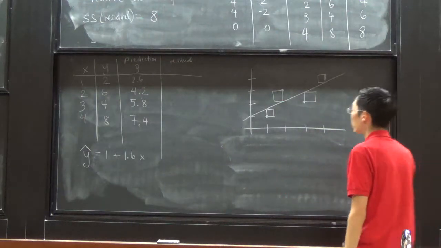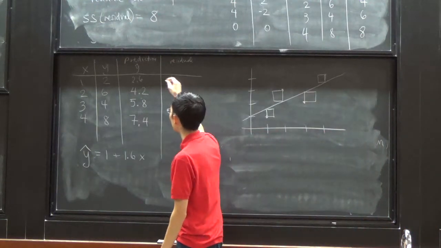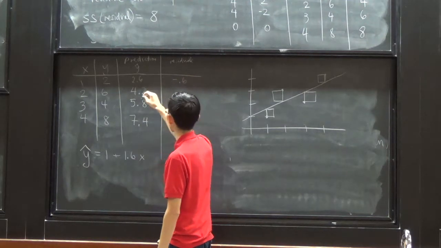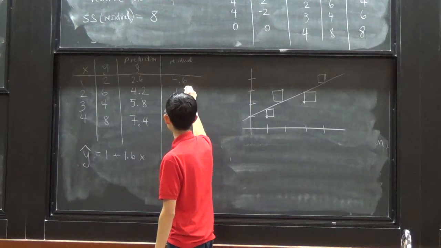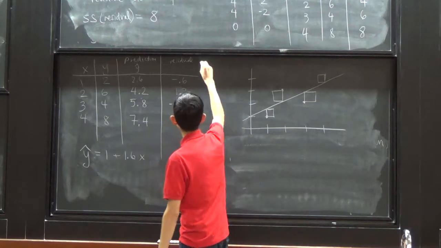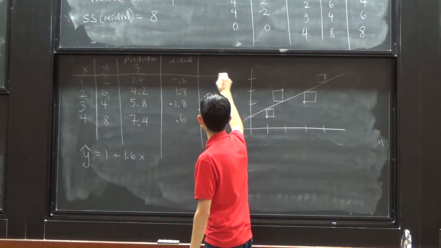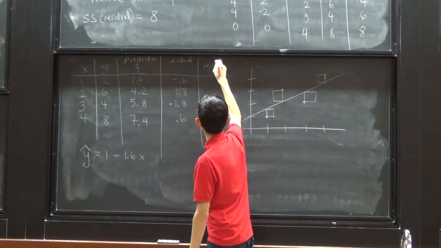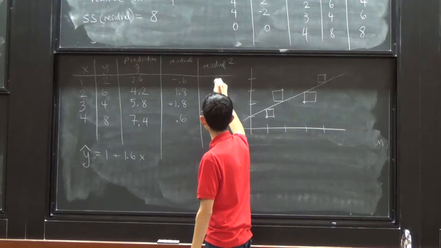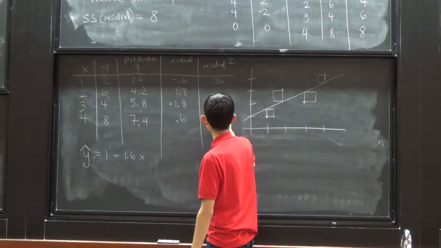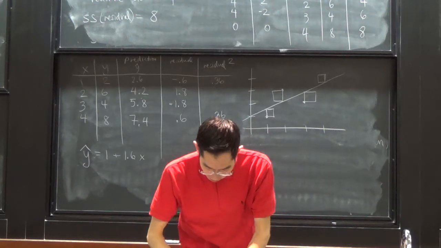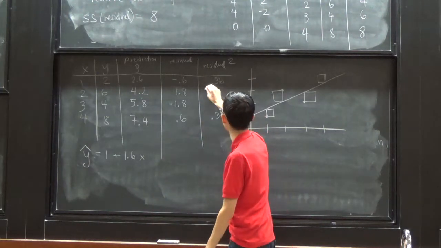Those are my predictions, and so the residual here is the actual minus the predicted. I get negative 0.6, 1.8, negative 1.8, and 0.6, and my residual squared is going to be 0.36, 0.36, and what is 1.8 squared? 3.24.